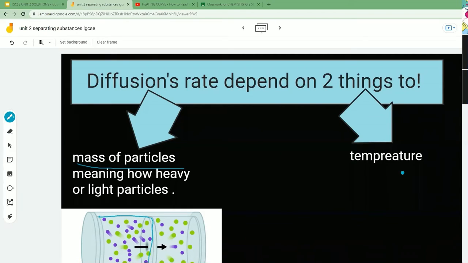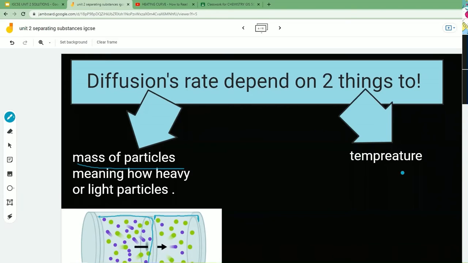Now, after the porous barrier, what could be observed is this: the green gas was more on the other side, while on this side the purple gas was more. What could be the reason that the green gas moved there? Because it's lighter. Exactly. The only reason could be that the green gas is lighter. That's why it moved faster from higher concentration to lower.